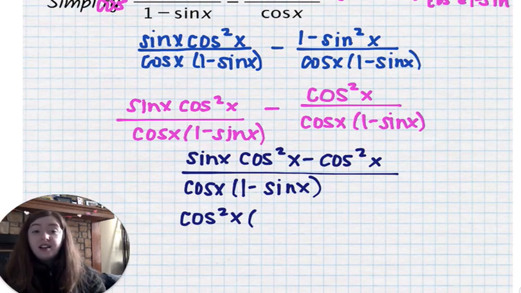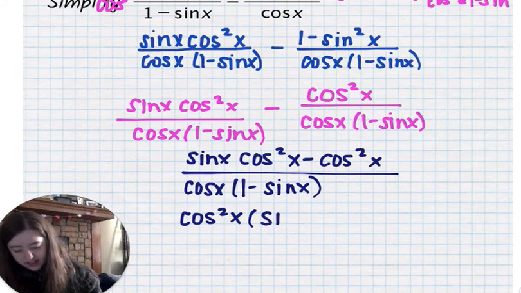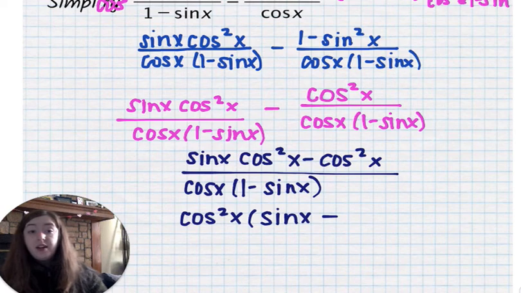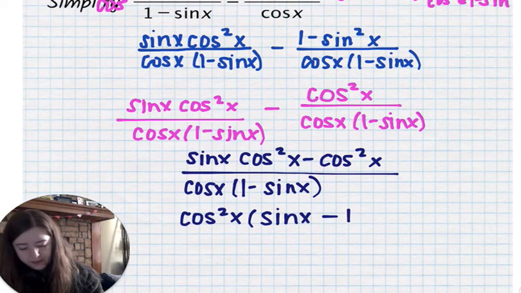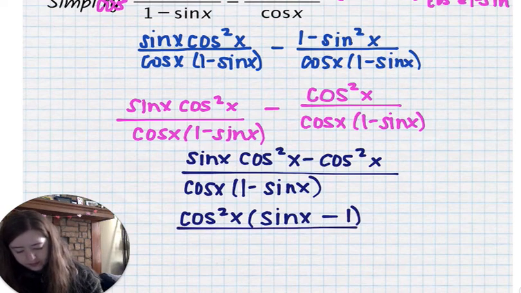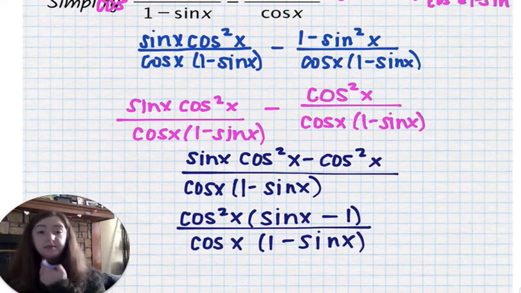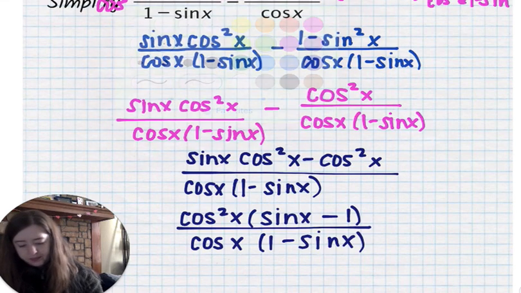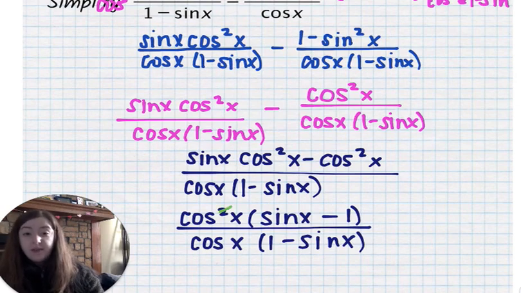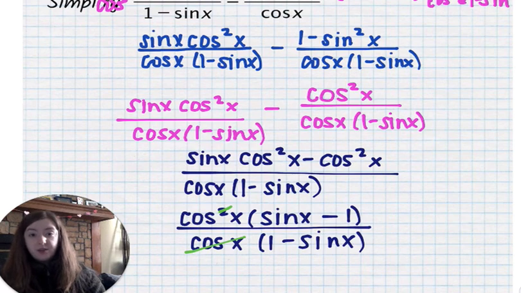So sine cosine squared, divide out that cosine squared. I'm just left with sine. Then we have a minus sign. Cosine squared divided by cosine squared is 1. Now I'm going to divide away one of those cosines. So I can get rid of one of my cosines on the bottom, and that on the top, and that cosine on the bottom goes away.